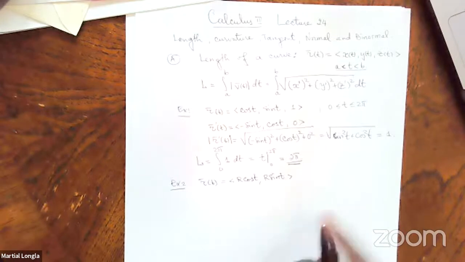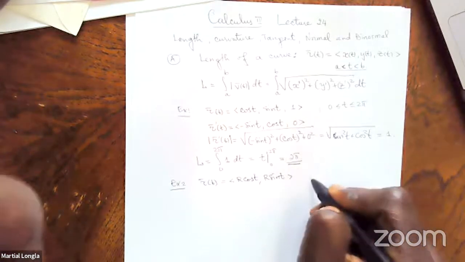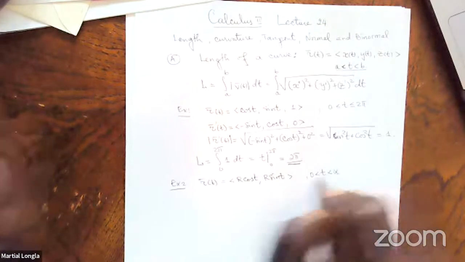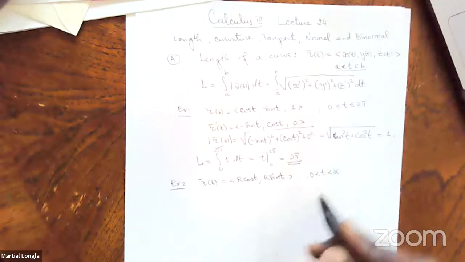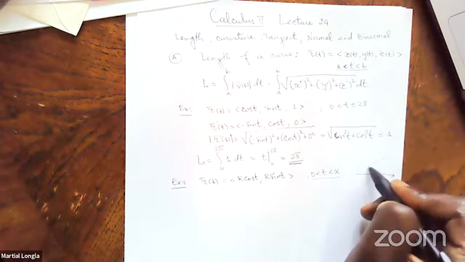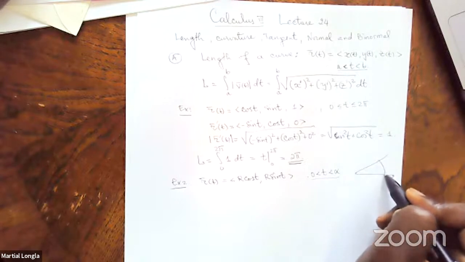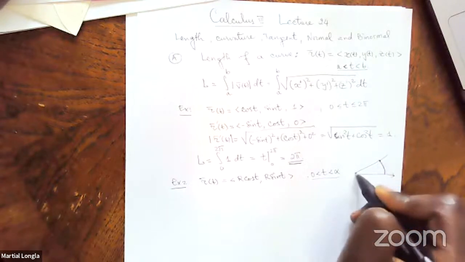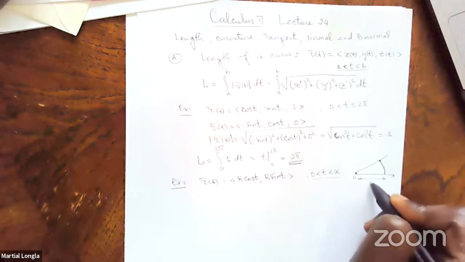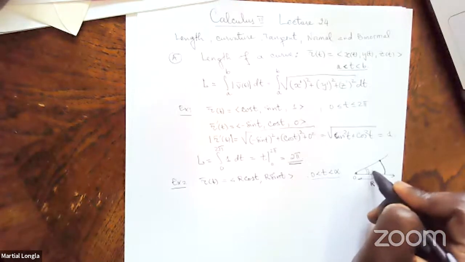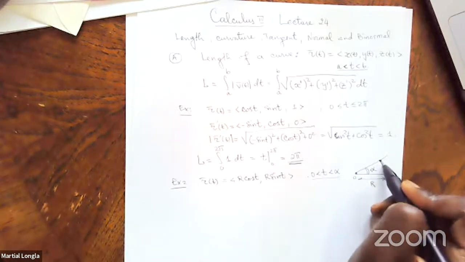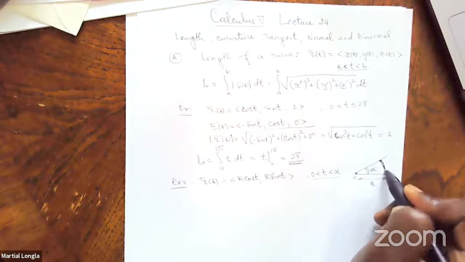That's a circle, and now we restrict the angle t to between 0 and the angle alpha. So that means we are looking at the arc. The radius here is r, and the arc is of angle alpha. And we are looking for the length of this arc.